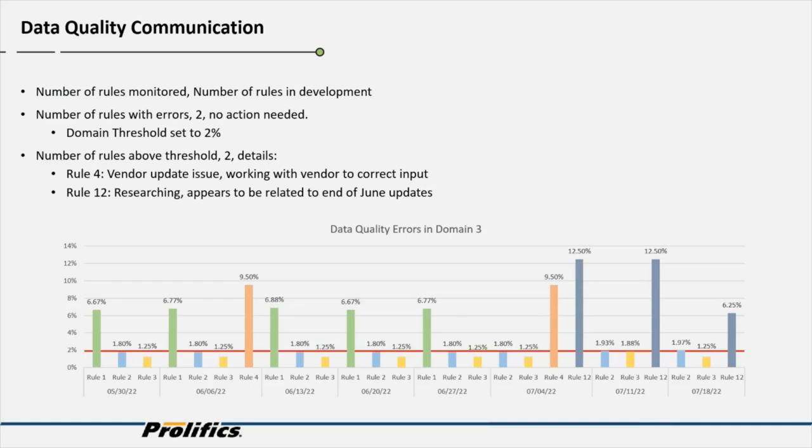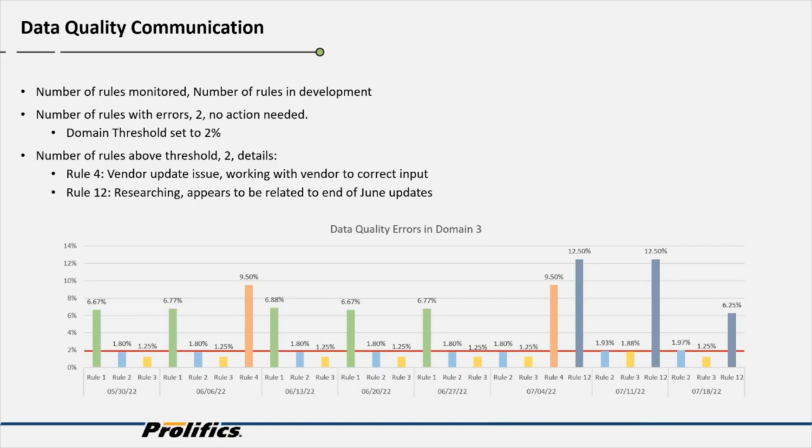In this case, I've shown a possible, pardon me, data quality communication. And let's, in this communication, put in number of rules that we're monitoring, number of rules that are in development. If you have rules that you're not going to do anything with, and a lot of organizations say, look, if my data quality is such that less than 2% of my data in a specific data column is an error, I'm not going to mess with it.